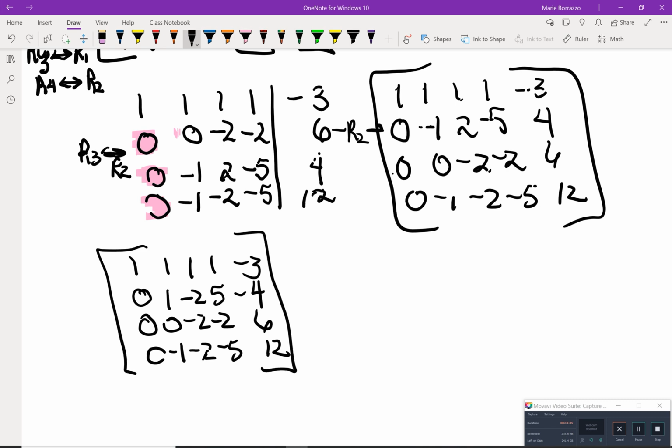All right, so I need this to be a 0, this position here in row 4. So what I'm going to do is add rows 2 and 3. So row 2 plus row 3.